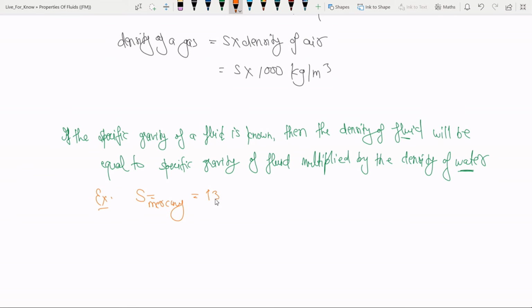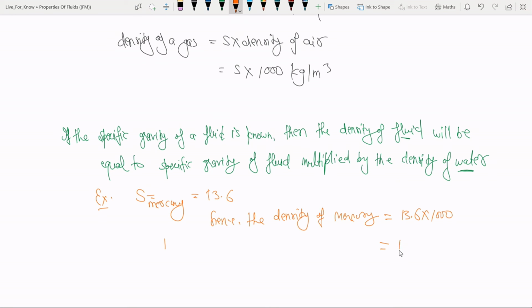Hence the density of mercury is specific gravity of mercury into 1000.